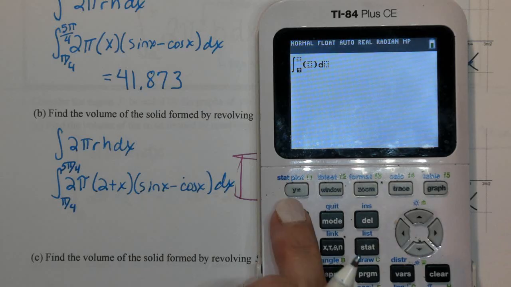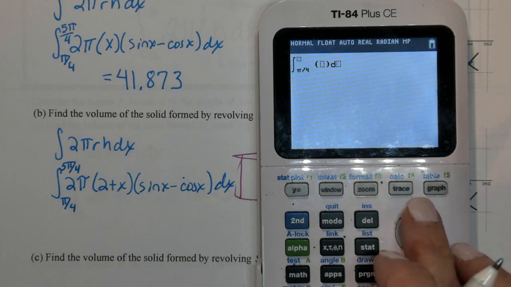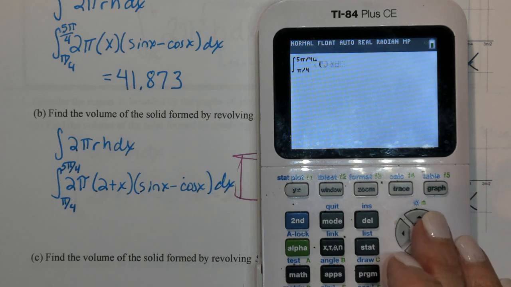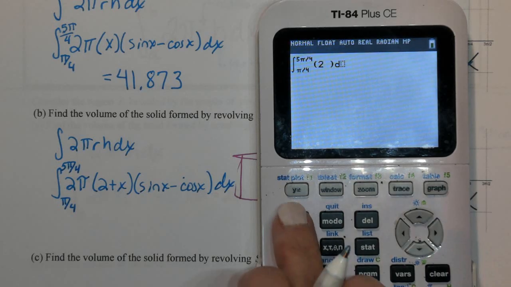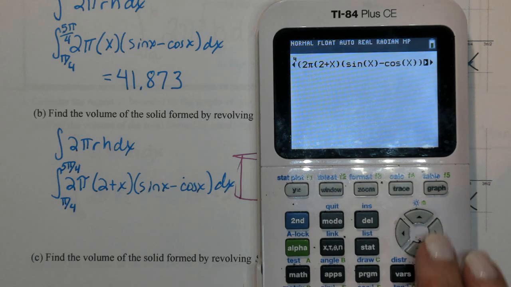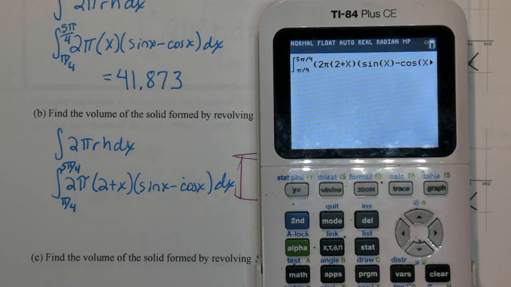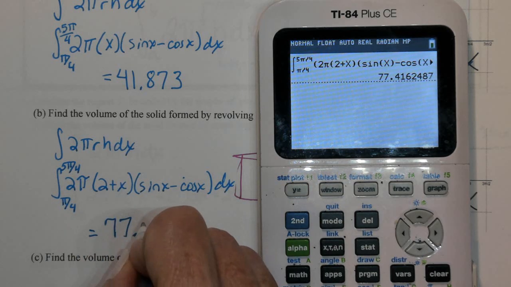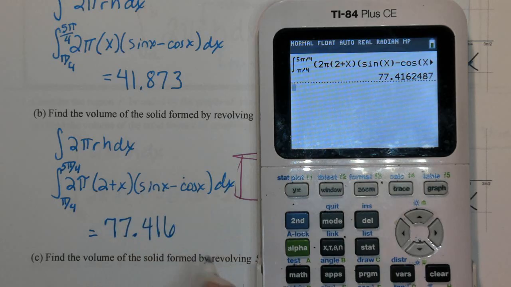Math 9, pi over 4 to 5 pi over 4, 2 pi times 2 plus x times sine x minus cosine x. And we get 77.416.